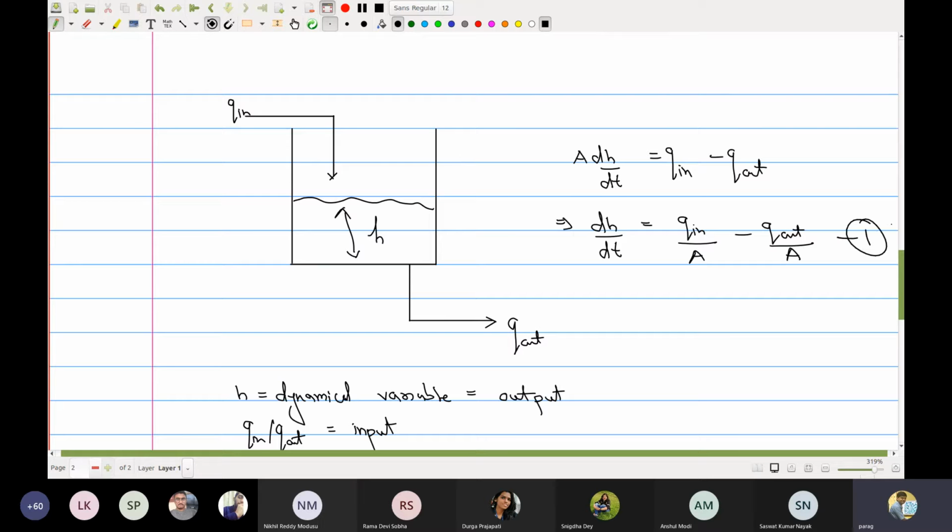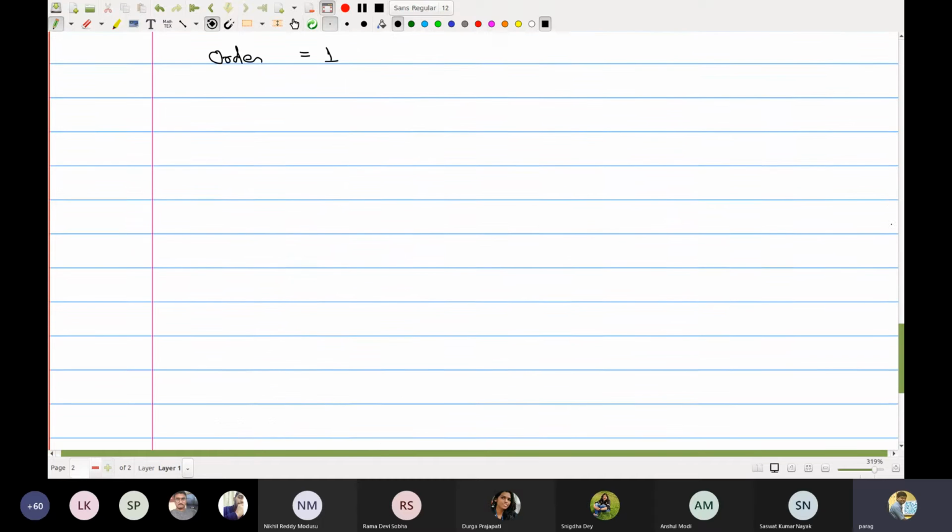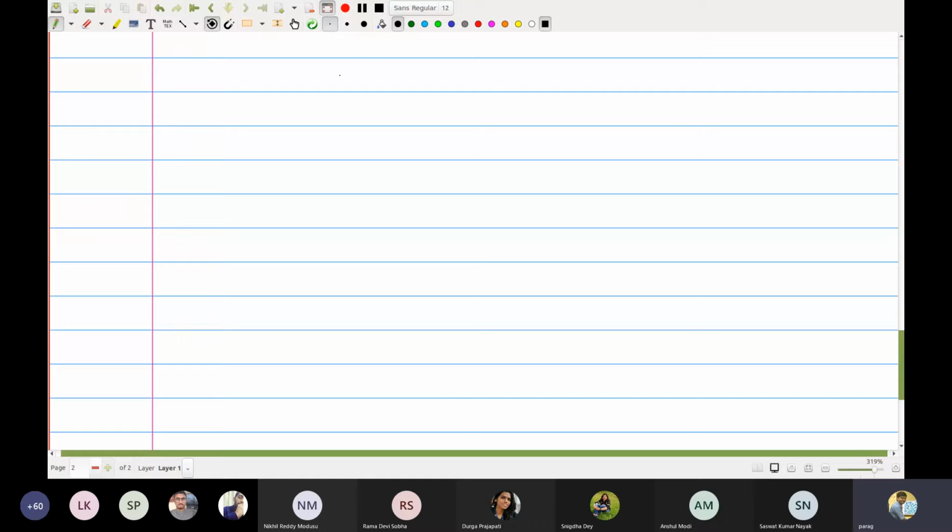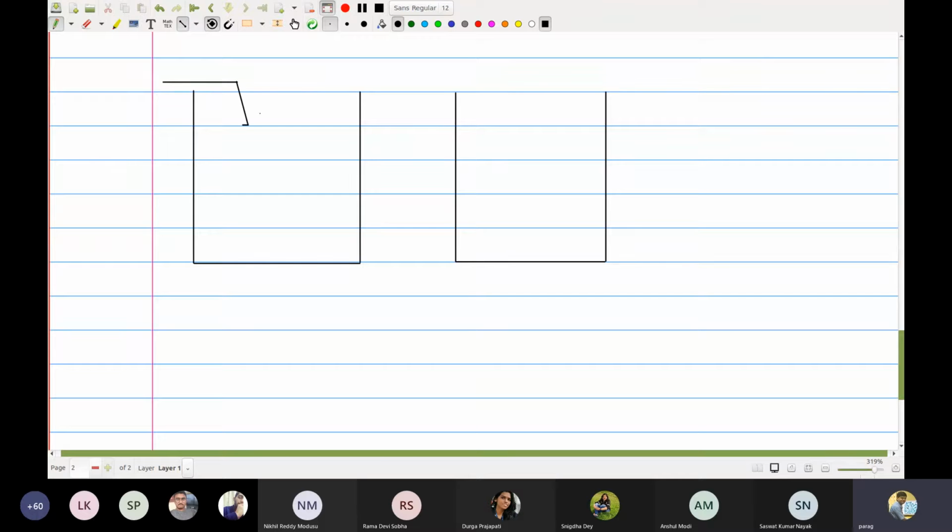Now imagine that I have a liquid level system in which instead of one tank, I have two tanks. So I have the first tank and I have the second tank, right? The input for the first tank is Q in.